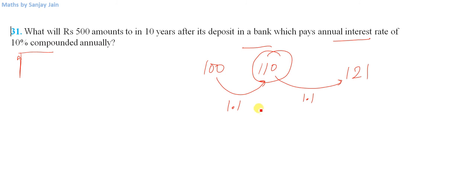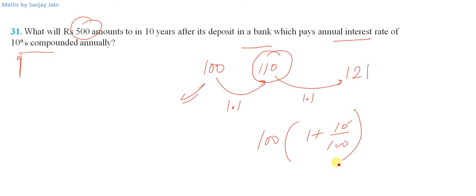This is how the compound rate of interest works, and we have to start with 500 rupees. The other way you can think about it is 100 into 1 plus 10 by 100. This is the rate of interest, right? And here I write time, which is in years. So at the end of first year I'll write 1 here, so this will become 100 into 1.1.